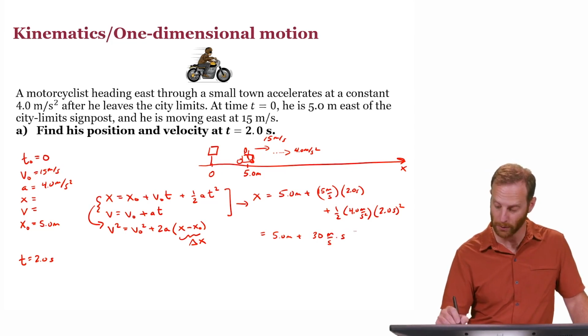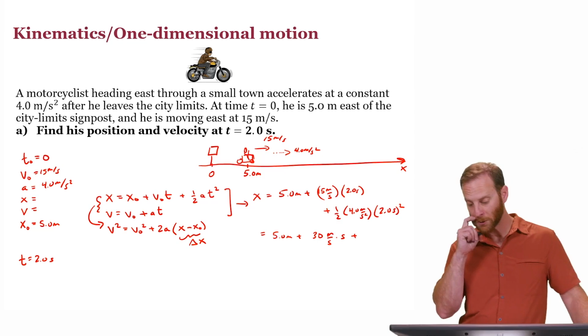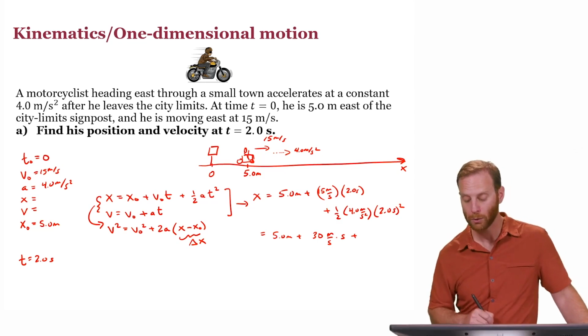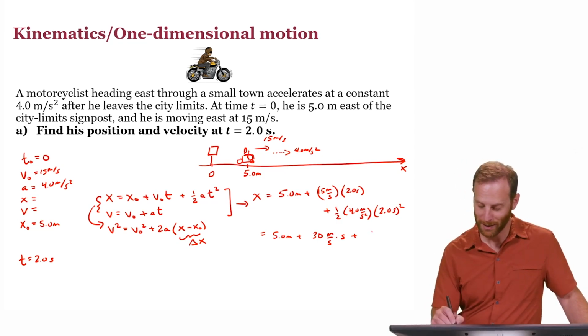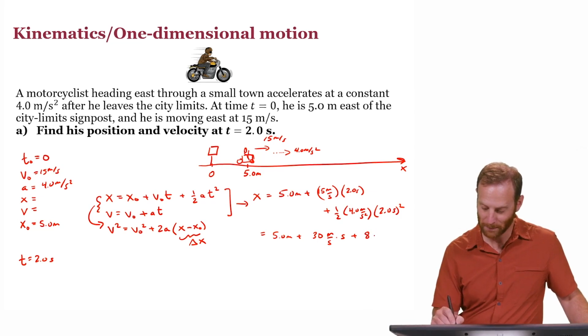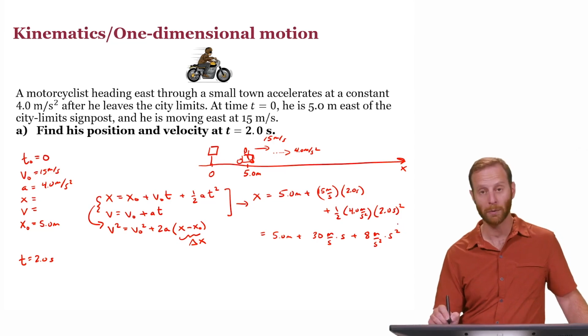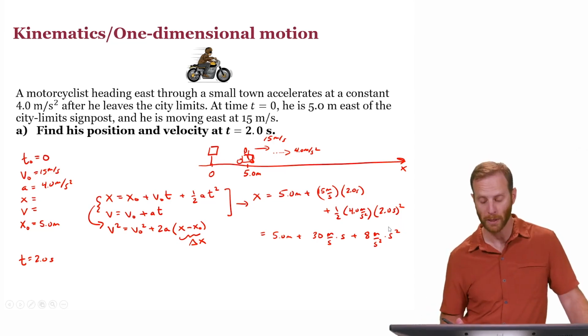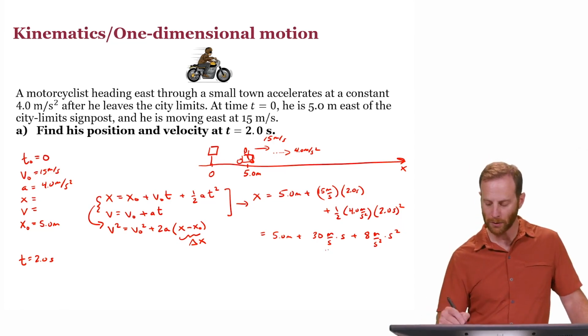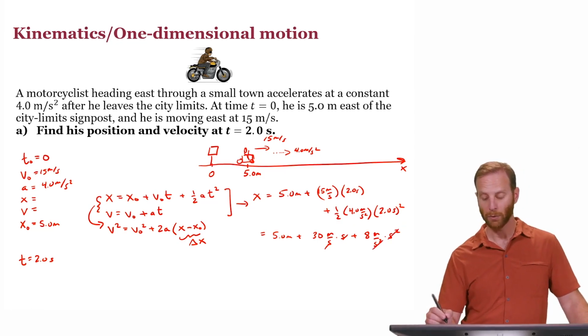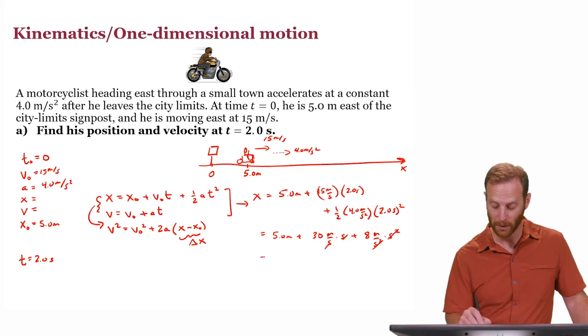The seconds cancel. And the correction term to this, 1/2 of 4 is 2. 2 times 2 squared is 8. And that's meters per second squared times seconds squared, because everything in those parentheses gets squared. You see that the seconds go away, the seconds squareds go away. We end up with 5 plus 30 plus 8, which is 43 meters.